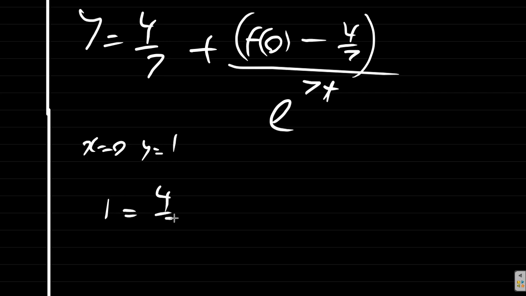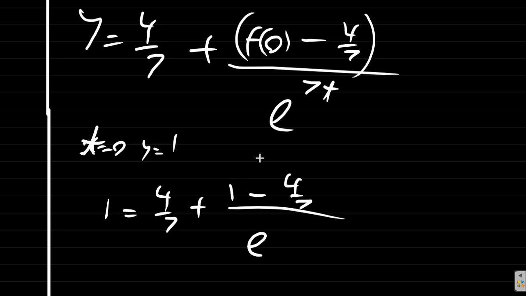So 1 equals 4 over 7 plus f(0) minus 4 over 7 over e to the 7t, but t is 0, right? f(0) is what we want to find. What is f(0)?